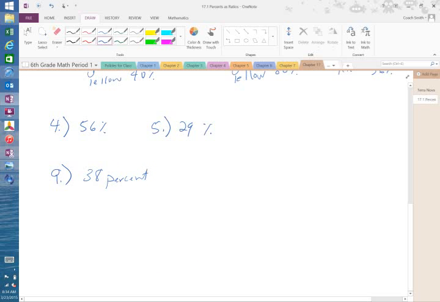Okay, so 38% in word form would be as a ratio. So that would be 38 out of 100. Then as a fraction, it would be 38 over 100. So that would be your two answers.